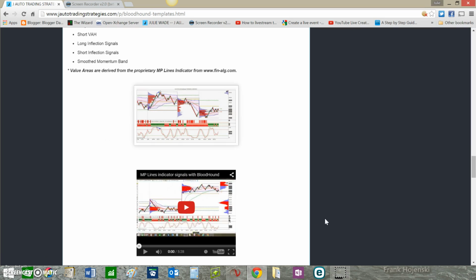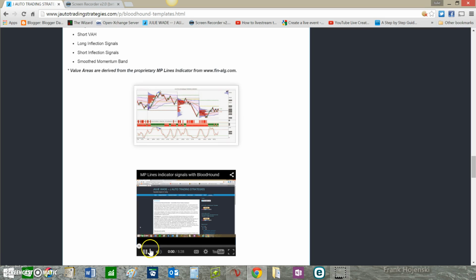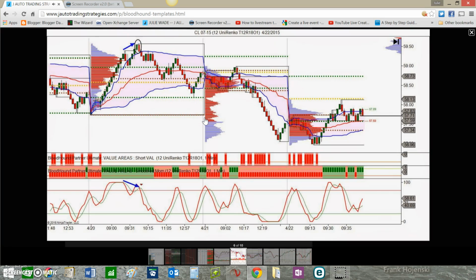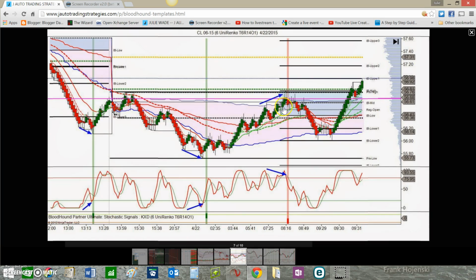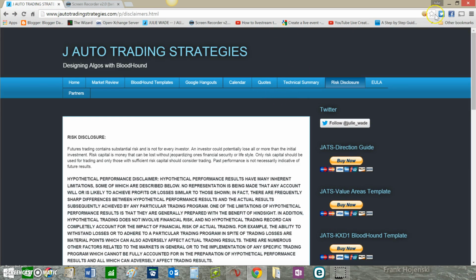You can see these areas on my website and read about the template that you can use for the value area inflections at these locations. So when you're coming back into value, you want to go inside value, and when you hit the other value area, you want to come back away from it to the other side. So those indicators are available for the current value areas.